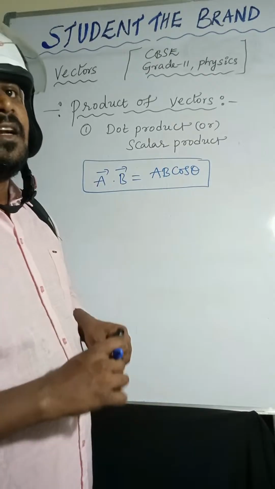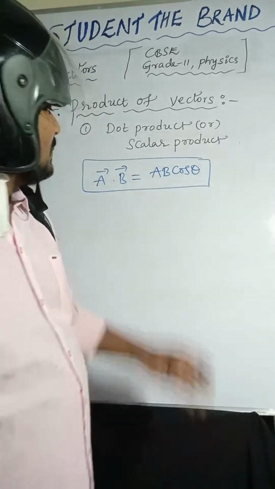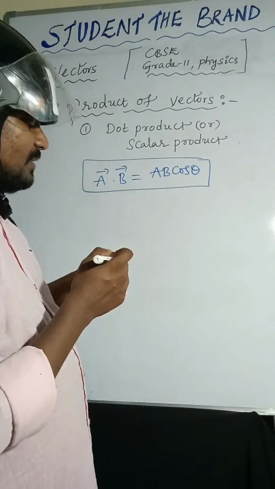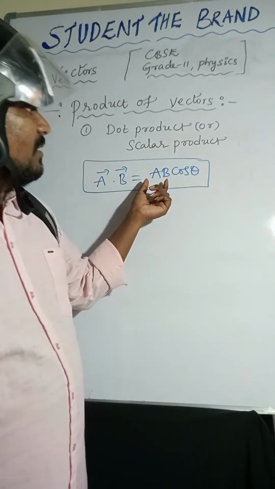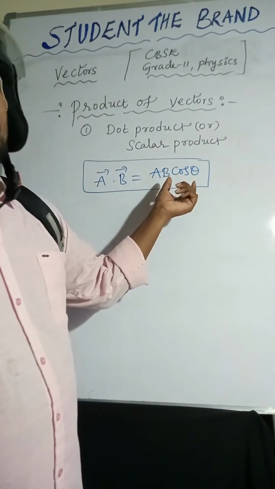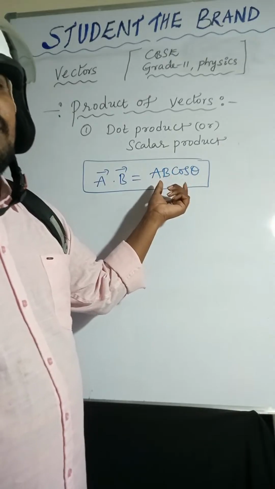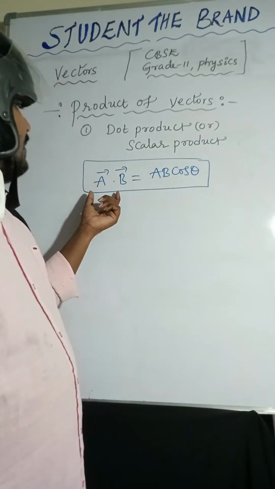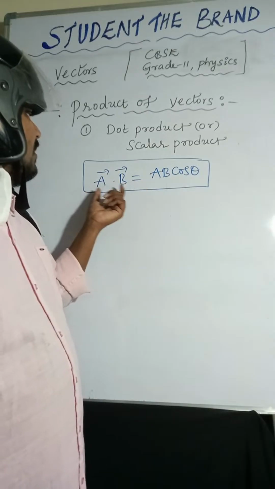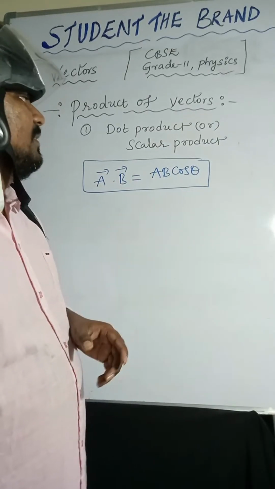Once again, dot product of two vectors is equal to the product of their magnitudes and the cosine of the angle between them. That is A bar dot B bar equal to AB cos theta.